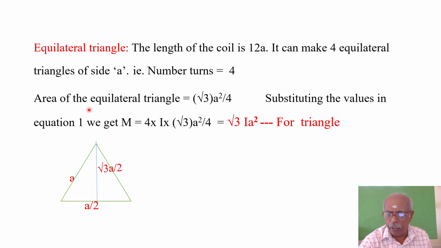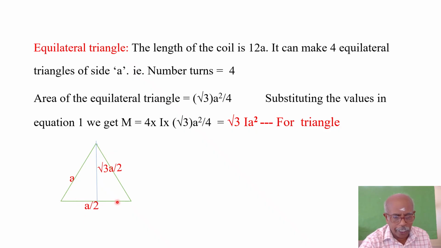Then, what is the area of the equilateral triangle? This is the equilateral triangle, and this side is a. You draw a perpendicular. The area of the triangle is given by 1 by 2 into base into perpendicular distance. The base is a.